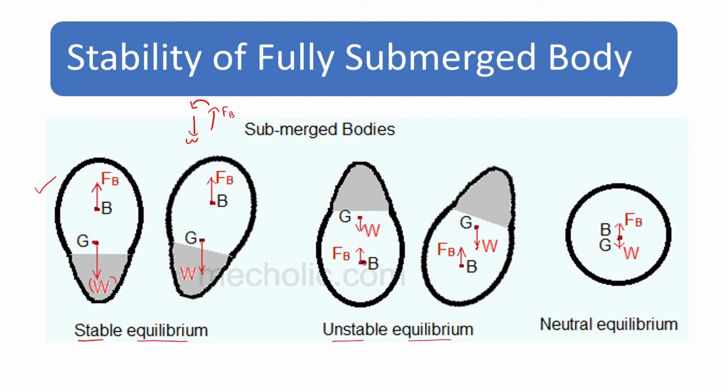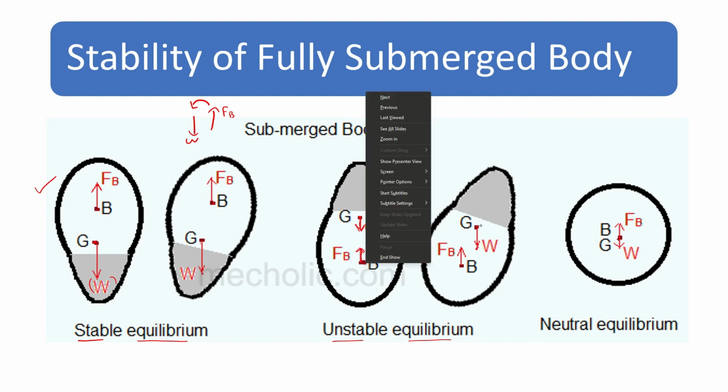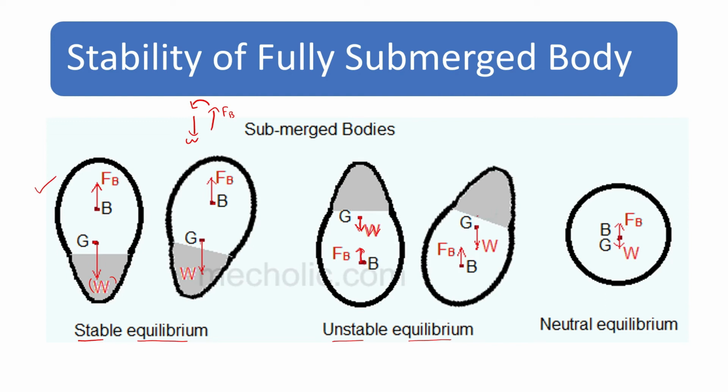Let us take an unstable equilibrium condition. Here the center of buoyancy is below the center of gravity. The weight is acting downward at the center of gravity and the buoyant force is acting upward at the center of buoyancy. When it is given a tilt towards the right, there is not much change in the position. The center of buoyancy will be acting here and the weight is acting downward here.